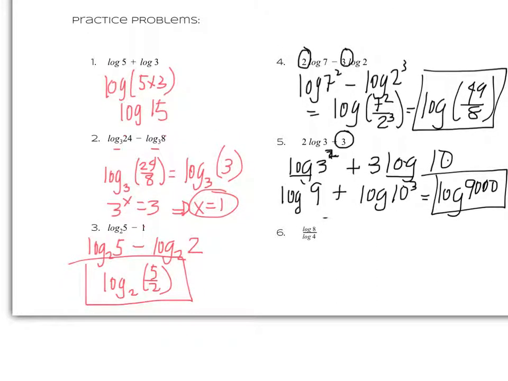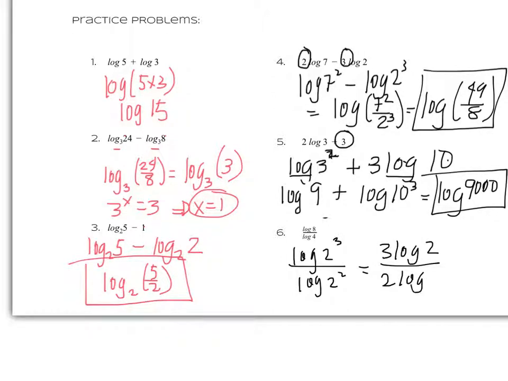That means we are going to have a log base 2 of 2 to the third over log base 2 of 2 squared. We go ahead and move our exponents out front, and once that's done, we notice our log 2's cancel, and our final answer is 3 over 2.